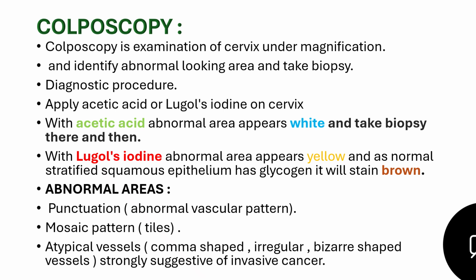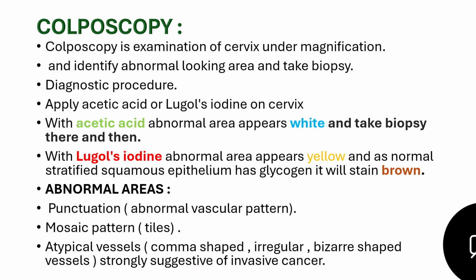Then we apply reagents on the cervix that include acetic acid or Lugol's iodine. With acetic acid, the abnormal area appears white, and with Lugol's iodine, the abnormal area appears yellow, and the normal area will stain brown. Colposcopy is usually done after an abnormal pap smear report or a positive HPV DNA test.